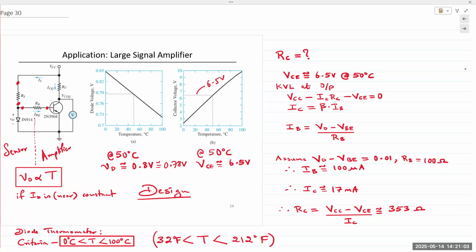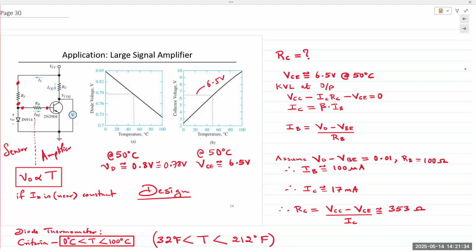To do that, we need to ensure that diode voltage VD is larger than VBE. That can be done when you're choosing a specific component for use. So we choose a diode that has a diode voltage of about 0.8 in this case, but it should be larger than the VBE at that same given temperature. And the difference should be very, very small.